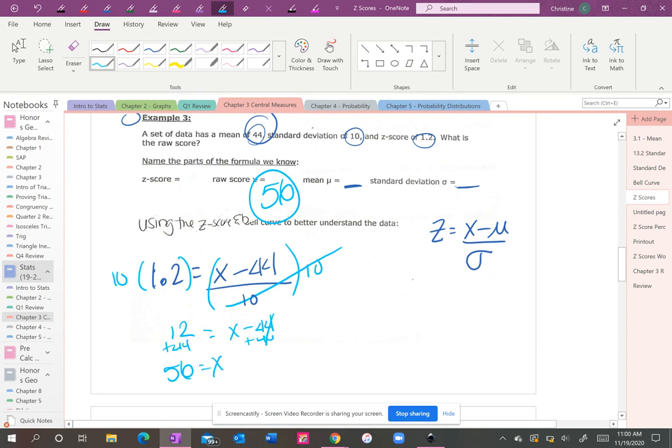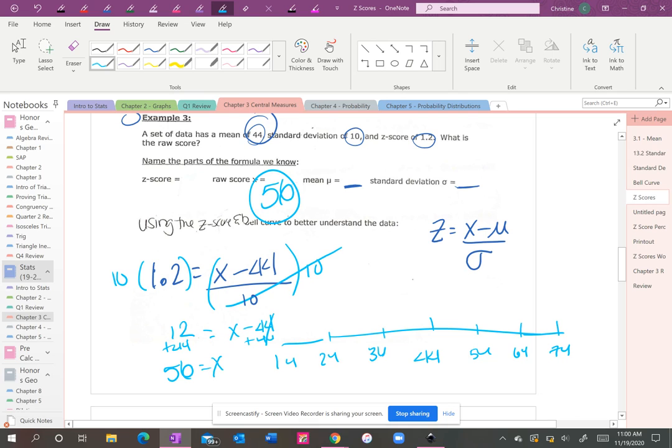So again, if the average is 44 and the standard deviation is 10, so this would be 54, 64, 34, 24, 74, 14. Let's see if it makes sense.